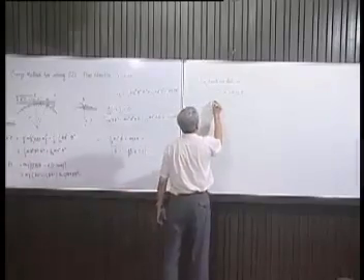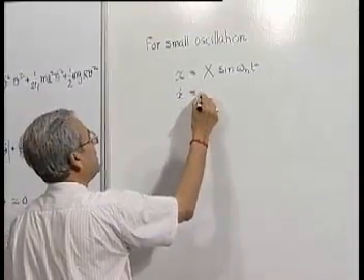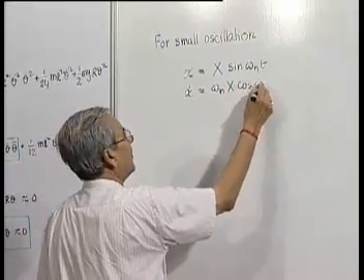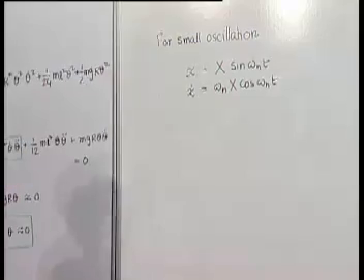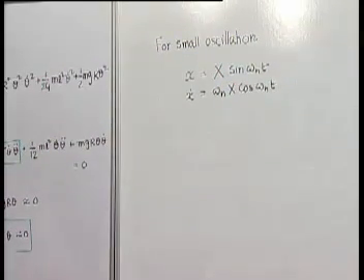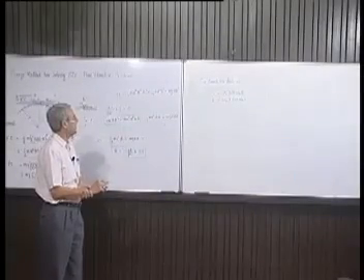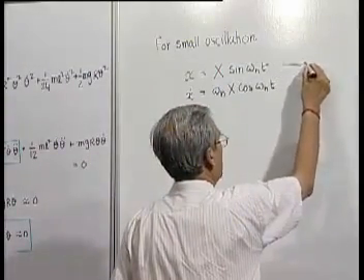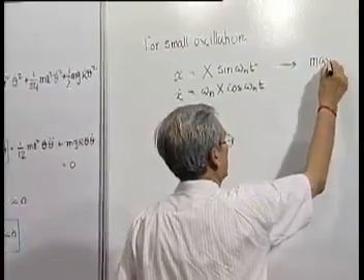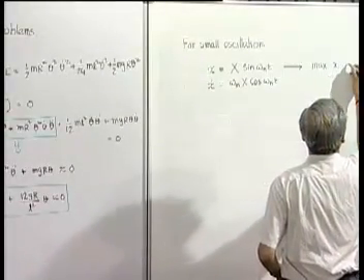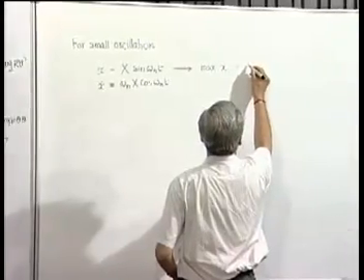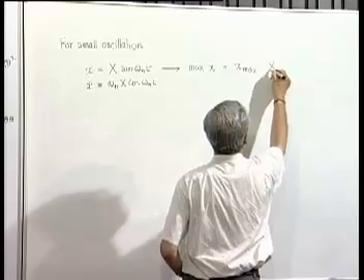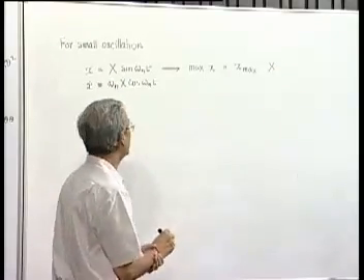So therefore, the velocity or the speed, this will tell us the maximum x, that is, x max is equal to capital X, the amplitude of oscillation.